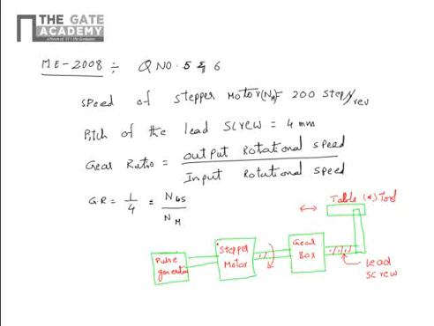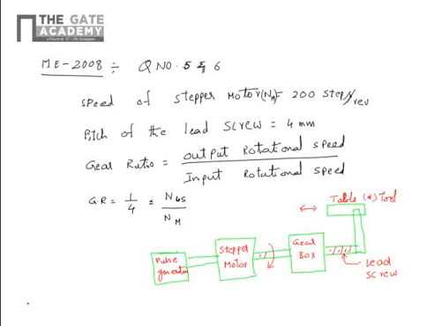For each pulse the motor moves one step, and for each rotation of the shaft, according to the gearbox, the lead screw will rotate. This is the mechanism, and they have given a diagram also.